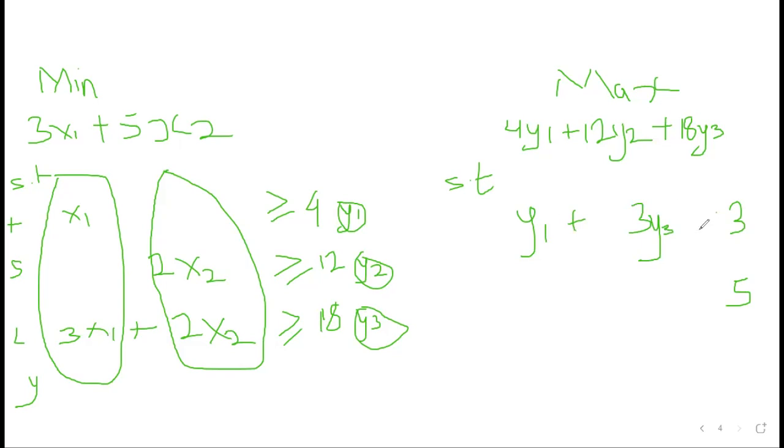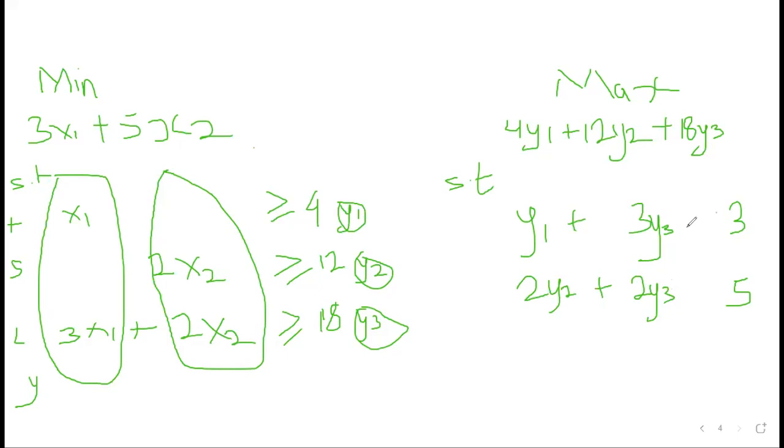Let's hold on with the sign and go to the next constraint, which is this one. Replacing the x's here with the respective y's, we are going to have 2y2 plus 2y3. And that will also form another constraint.